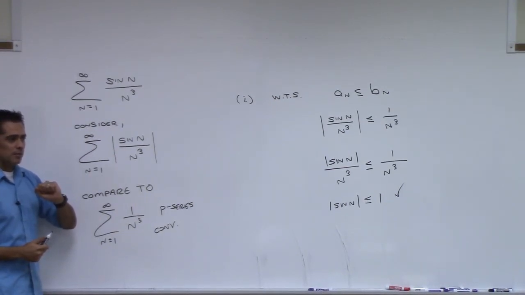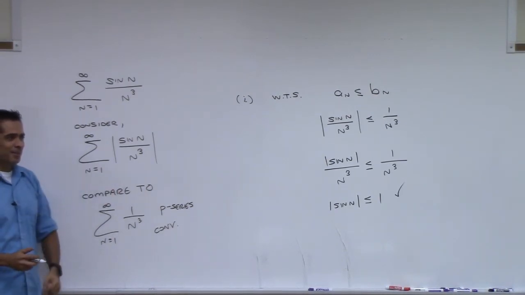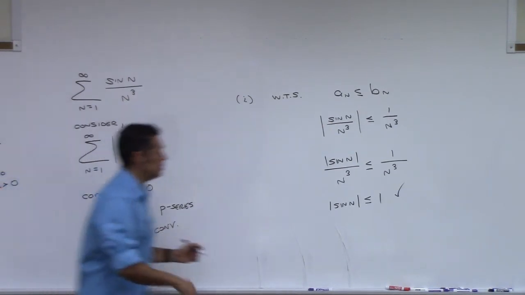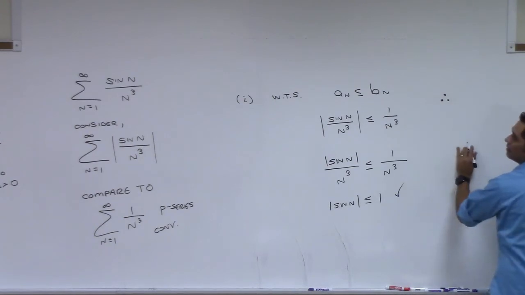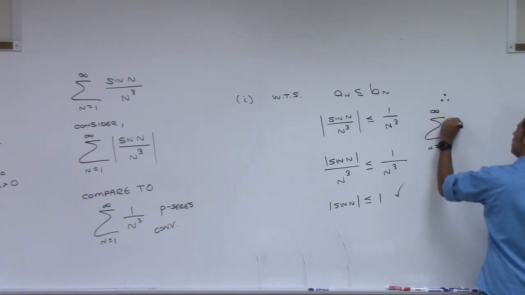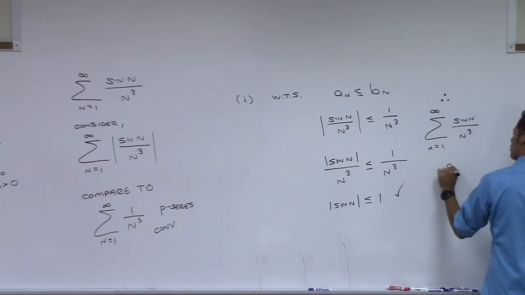Questions? I got it. All right. Okay. So now I conclude. Therefore, I need a final statement. Therefore, the sum n equals 1 to infinity of sine n over n cubed converges.